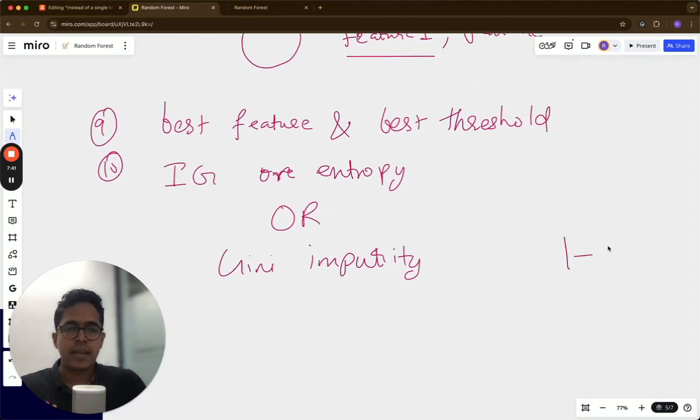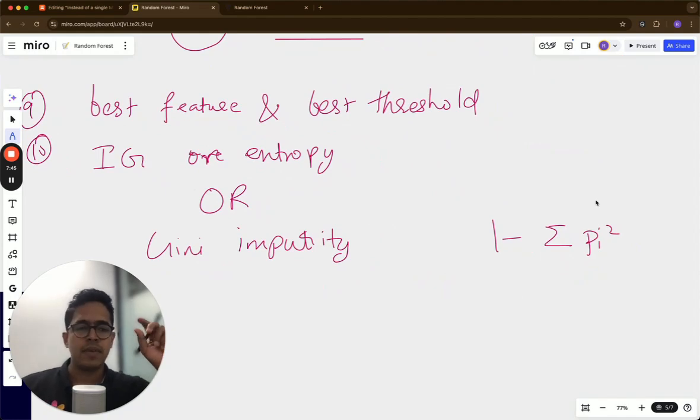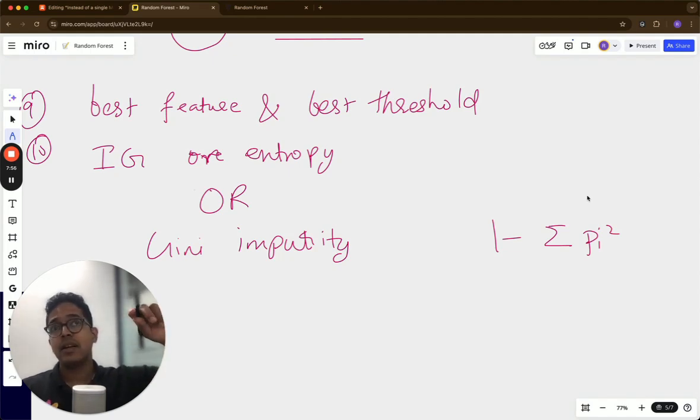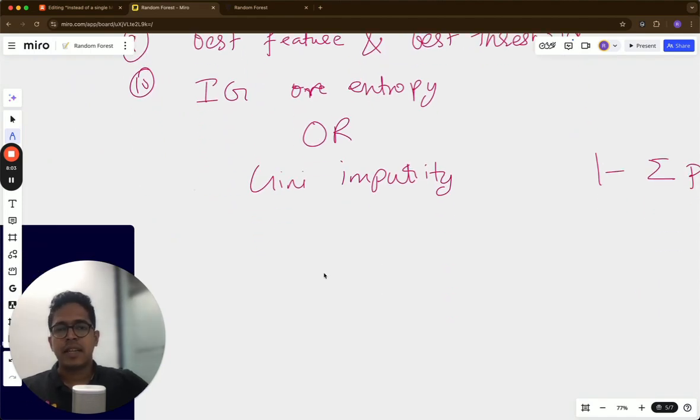It's simply 1 minus sigma pi square, where pi is the probability of the items in one single node. So if every item in a node is the same class, then sigma pi square is 1, and 1 minus 1 will be 0. If the items are all separate classes, then you will have maximum Gini impurity. So you calculate the Gini impurity to decide the best feature and best threshold.